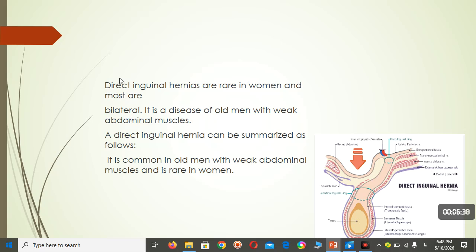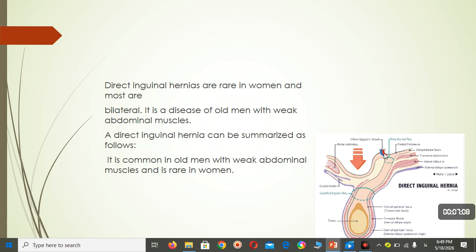And the direct inguinal hernia is often bilateral. It is a disease of old men, because in old men we have weakness in the muscles, with weak abdominal muscles. The direct inguinal hernia can be summarized as follows: it is common in old men with weak abdominal muscles and is rare in women.